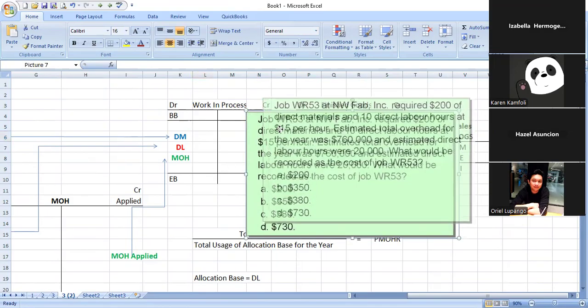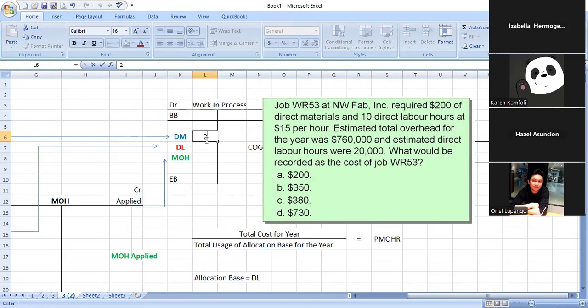Yes, 200. Let's put 200. Do we have the cost of my direct labor? What will be the direct labor? 150. How are we getting it? 10 hours times 15 per hour. 150.